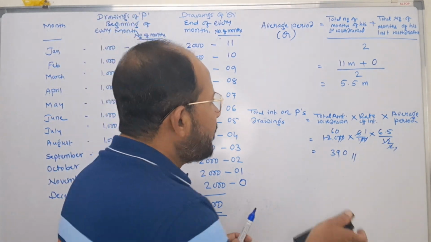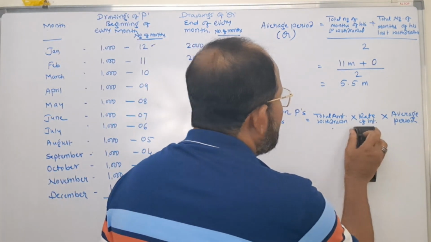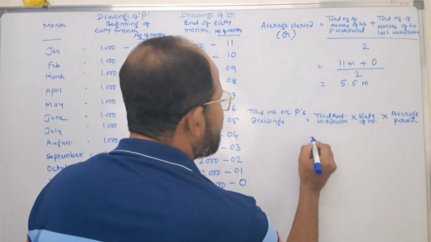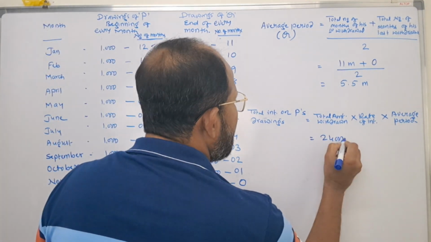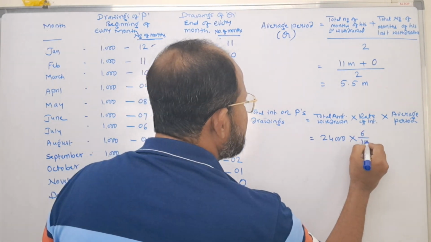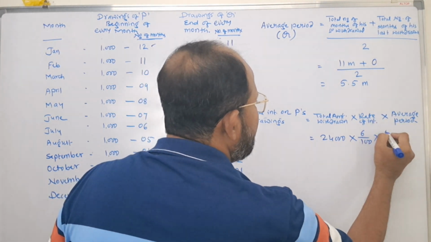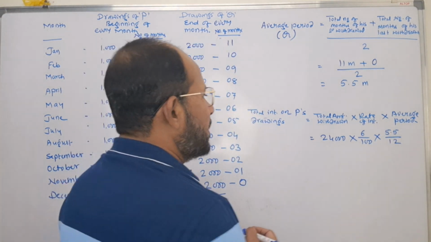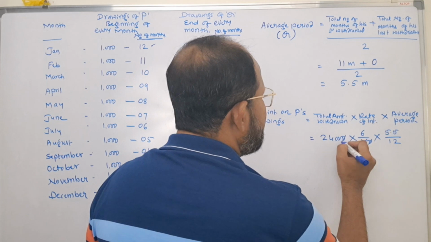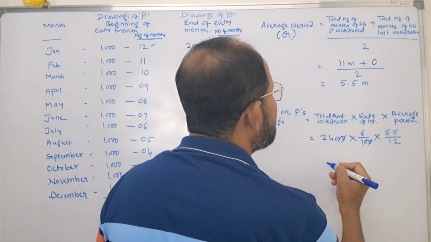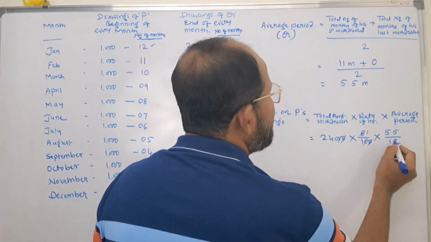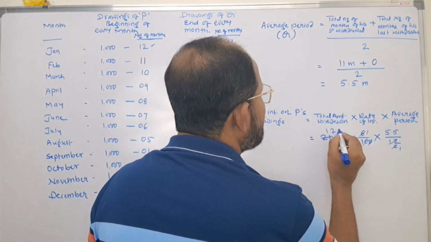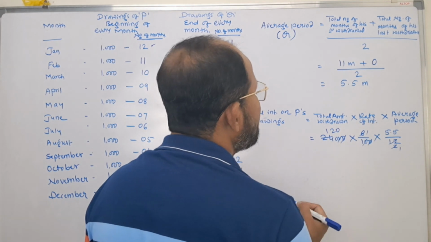Here what is the formula? Total amount withdrawn by the partner. What is the total amount? Rupees 24,000 into rate of interest is 6%. What is the average period? 5.5 divided by 12. Here 0 gets cancelled. Next one is 6 1 6 2 12, 2 1, okay, 120.